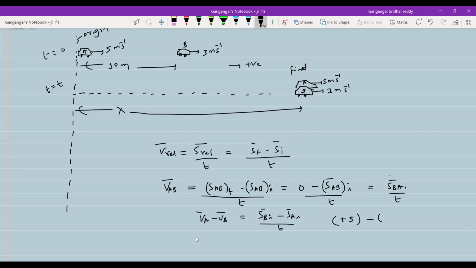Minus of VB will be plus 3, equal to the initial position of B with respect to the origin, plus 10, and A is at the origin, by time. So T equals 10 by 2, so it will be 5 seconds. After 5 seconds, A will overtake B.